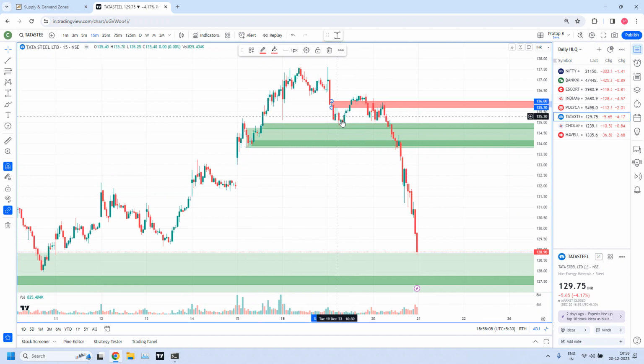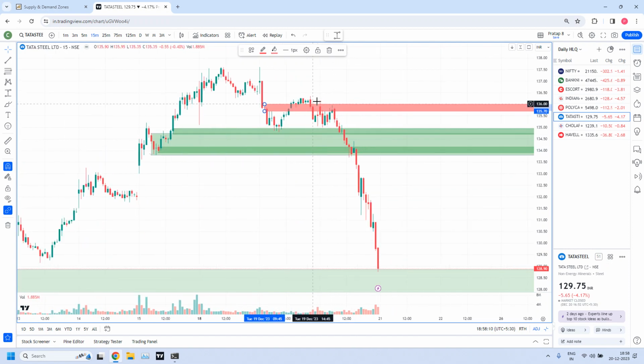But this is a different story, it happened in the past. Now today what happened? Today again prices entered into this. Although it is already a tested zone, today it is violated. Okay, this is unexpected.